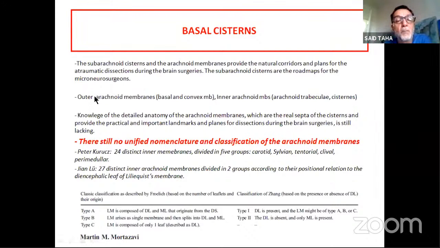We know that arachnoid has an outer arachnoid membrane, basal and convex, that separates the subarachnoidal space from the subdural space, and an inner arachnoid membrane that is adherent to the pia, and between these structures there are arachnoidal trabeculae, or membrane, the hard membrane, and this membrane is concentrated in the region where we have many vascular structures.